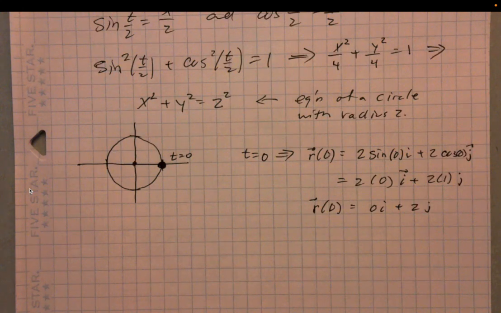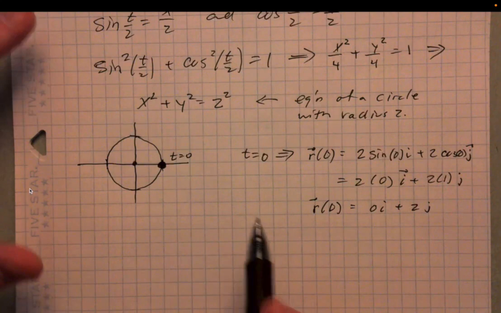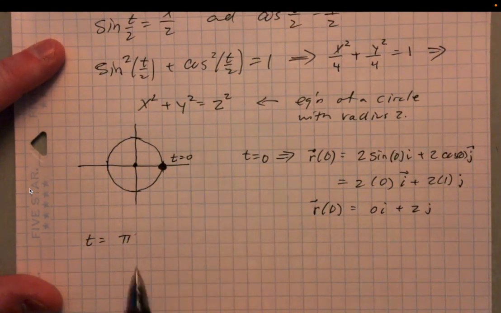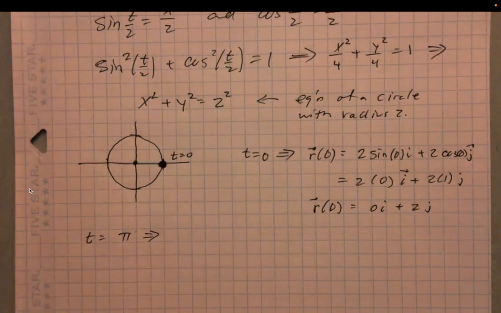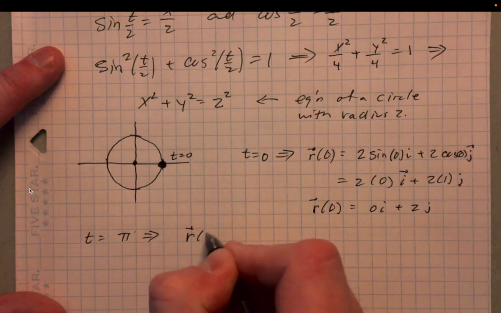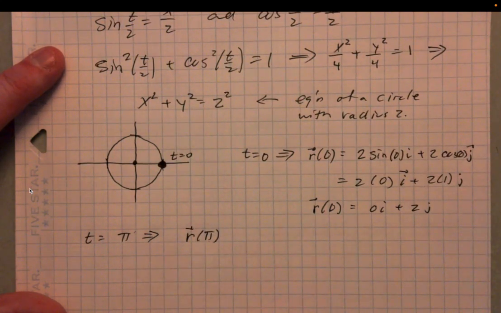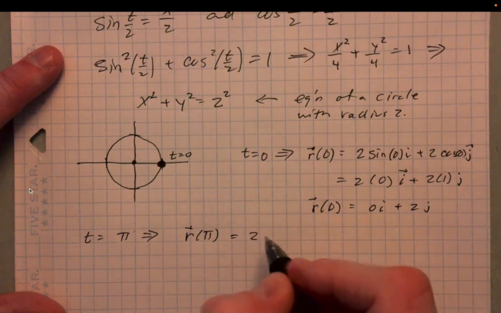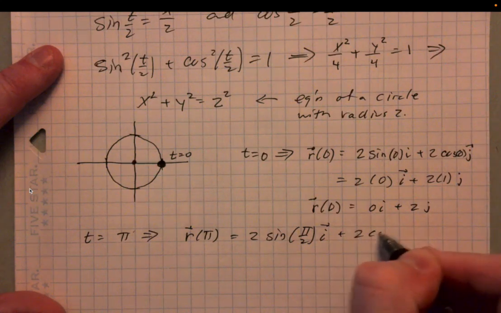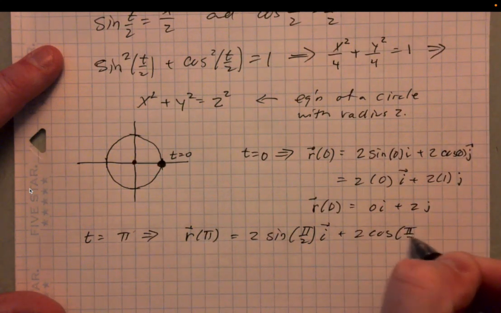Now, what happens when t starts ratcheting up? Because we're dealing with sine functions, let's plug in t equals pi next. Obviously 0 to pi is kind of a jump, but because these are trig functions, you get nice values when you plug in things like pi. So when t is equal to pi, r of pi would be equal to 2 times sine of pi over 2 times i plus 2 times cosine of pi over 2 times j.